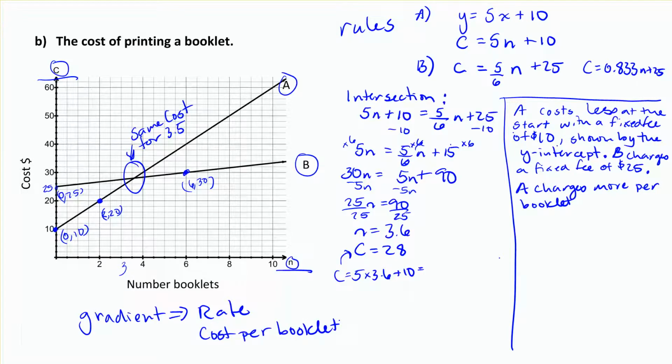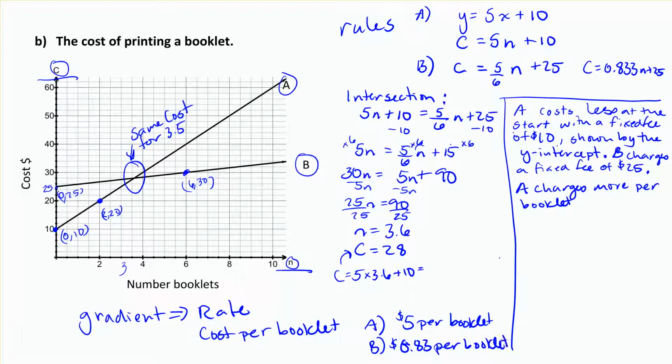If we look at our gradient for equation A, it's going to be $5 per booklet, and for B it is 0.833. So they charge 0.83 dollars per booklet.